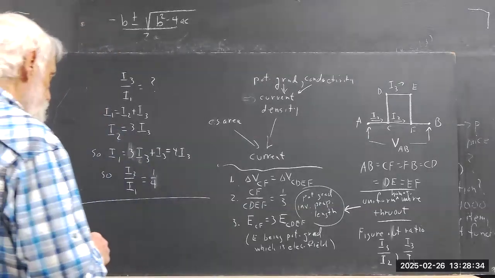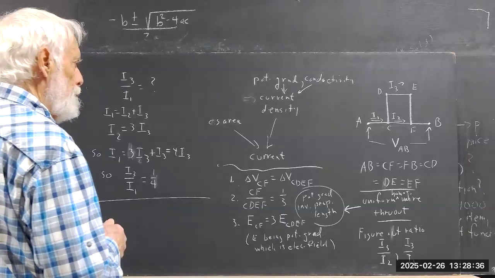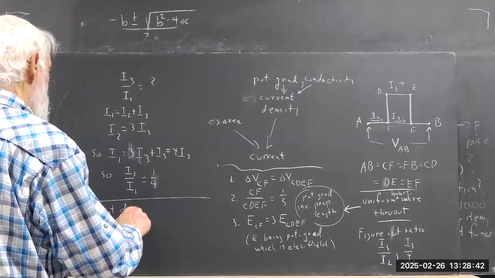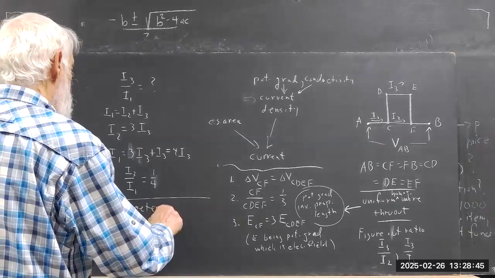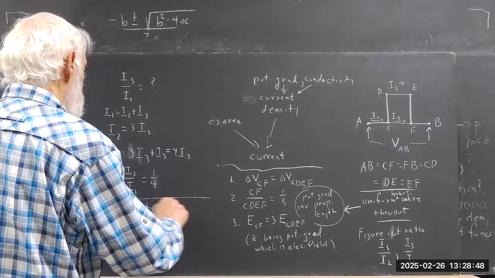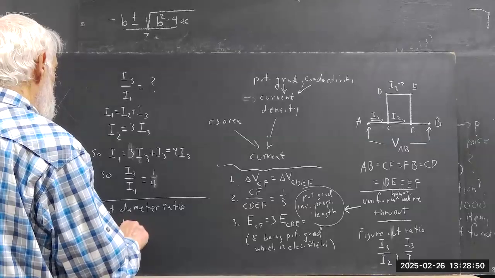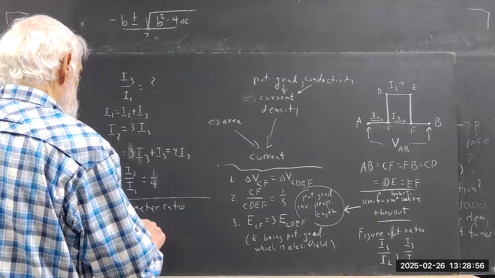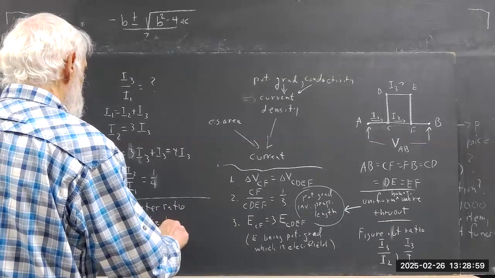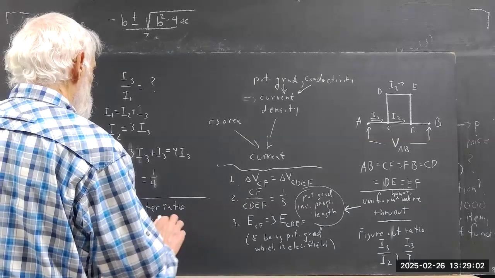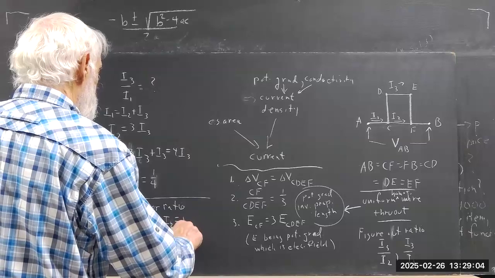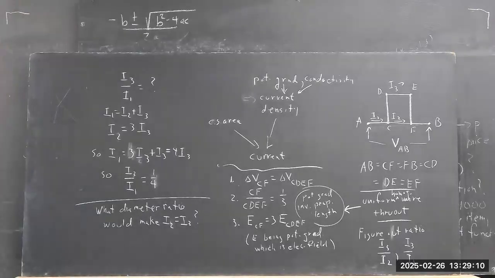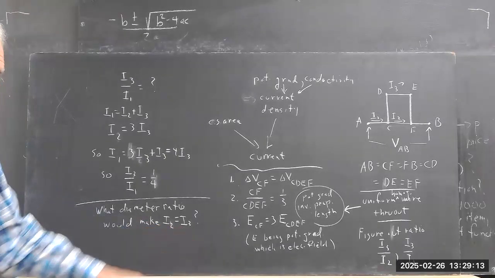Now, what diameter ratio do you need if you wanted I2 to equal I3?